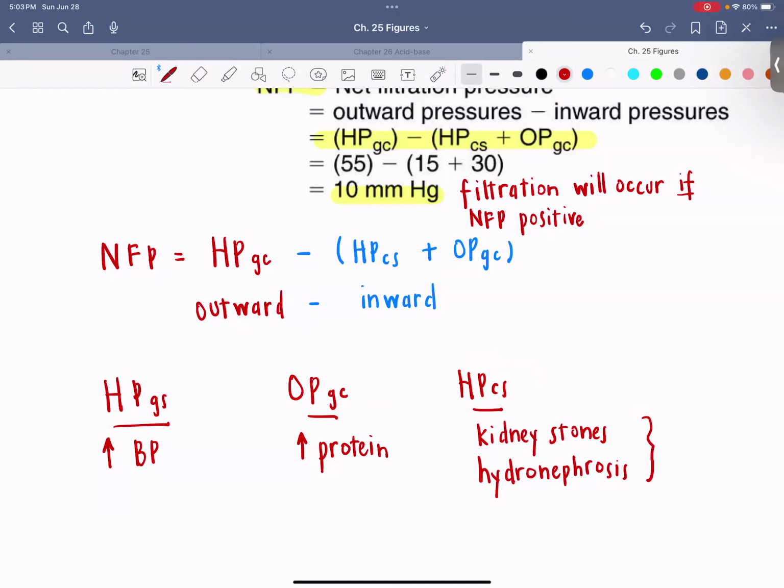And if this pressure is high, then you would expect urine output to decrease.